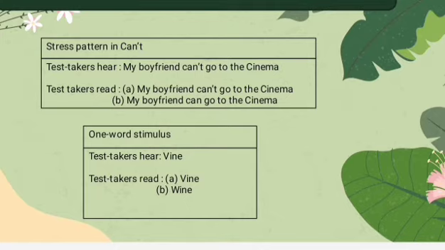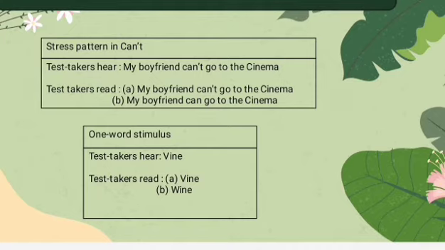The second table is a one-word stimulus. It means that, despite the stressed and unstressed patterns, the test taker gets a one-word stimulus, which makes it simpler. Let's take a look at the example. The test taker hears "wine," and then reads two choices: the first one is "wine," and the second one is "vine."